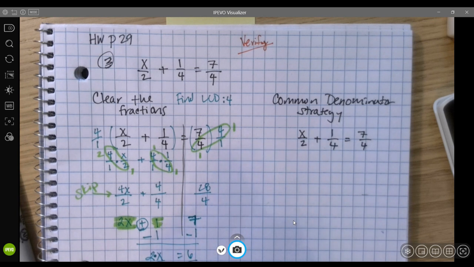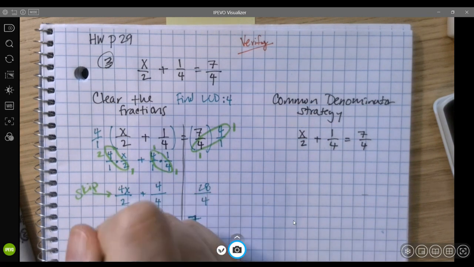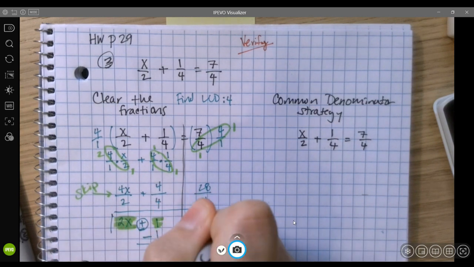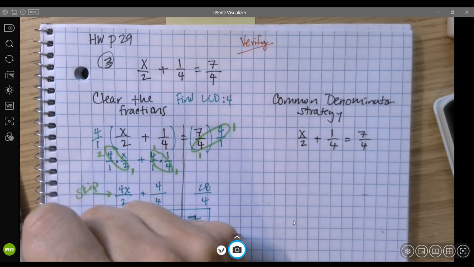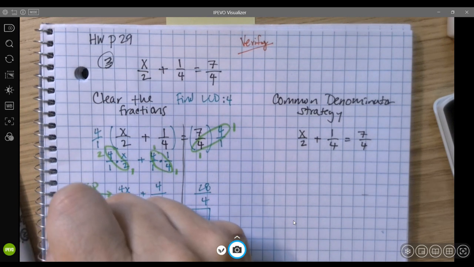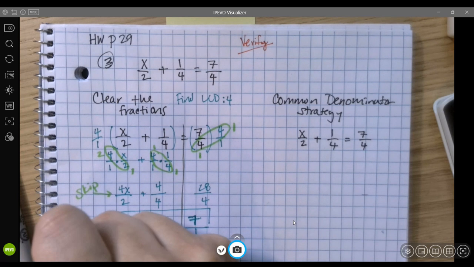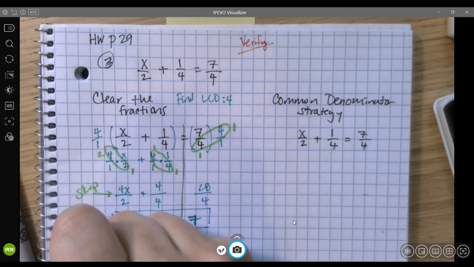X equals 3. That's the clearing fractions. It's called clearing fractions because in this step, there are no fractions. But it has the same solution as the original equation.